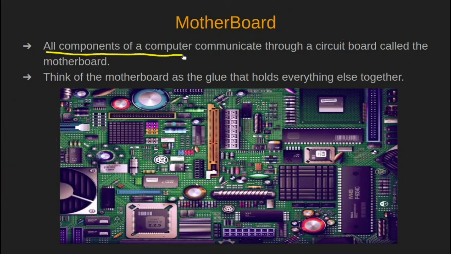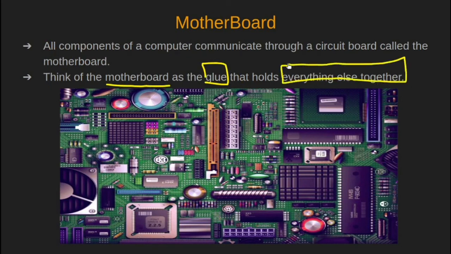All these components communicate with one another via something known as a motherboard. Having said that, we can think of the motherboard as a glue that holds every component of a computer system together so that they are able to communicate with each other.